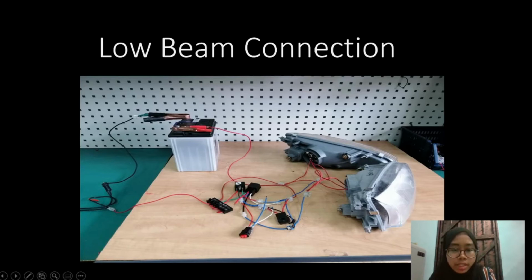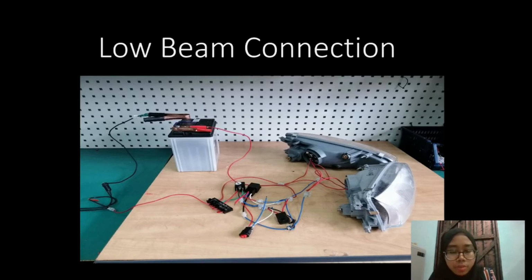So as you can see here, the relay is quite small, but I assume that we all can see it. Okay, generally there are 5 pins for a relay, which are 87, 87A, 86, 85, and 30.